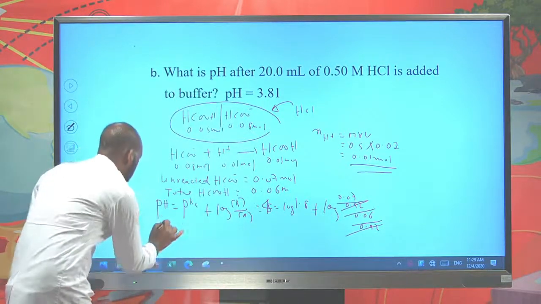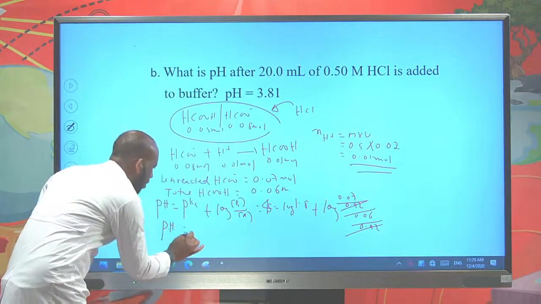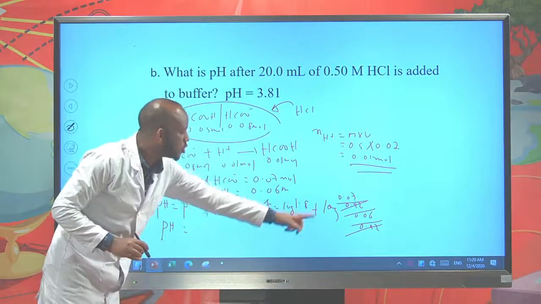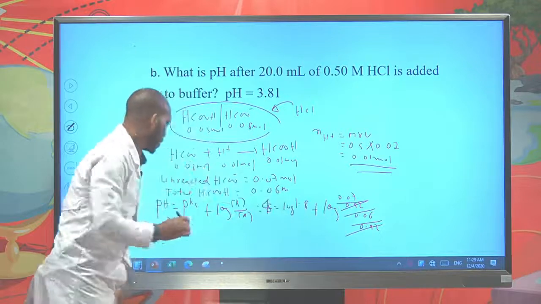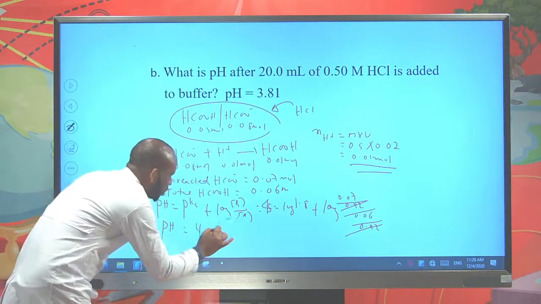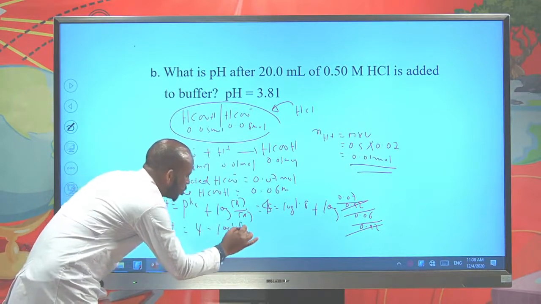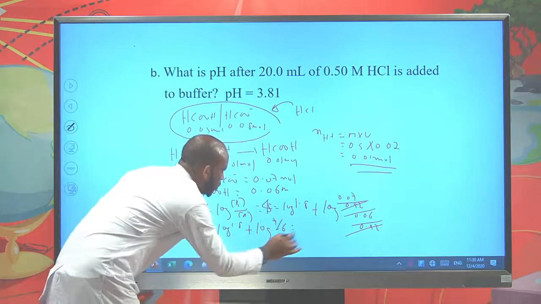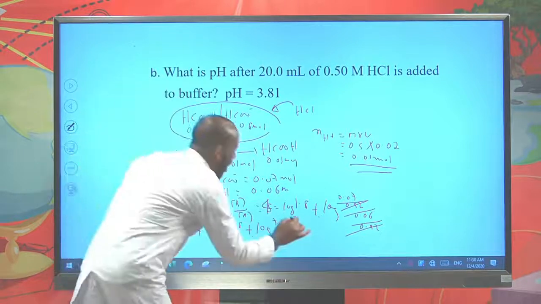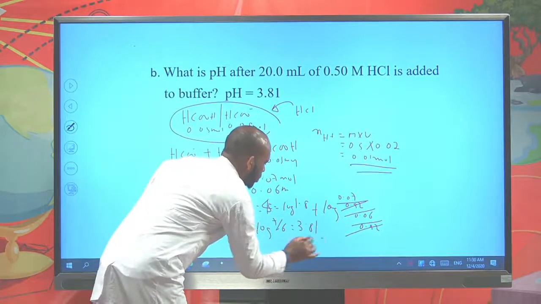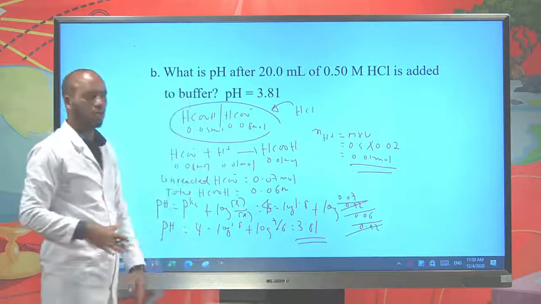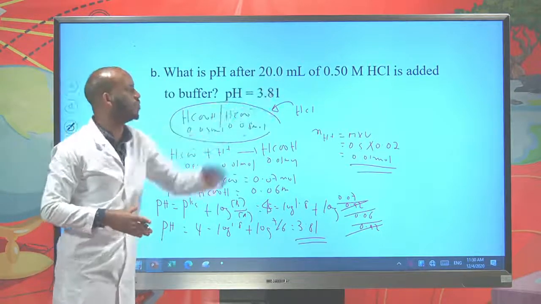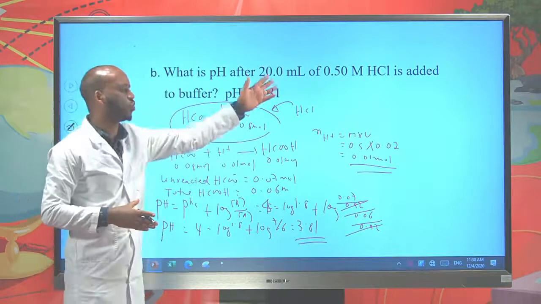Therefore, pH equals 4 minus log 1.8 plus log 7 over 6, which is 3.81. 3.81 is the pH of the buffer solution after adding 20 milliliter of 0.5 molar hydrochloric acid.